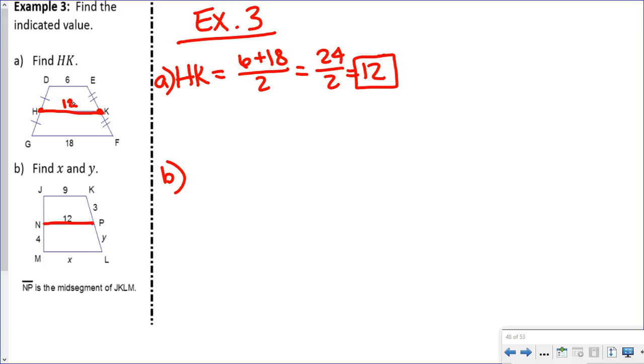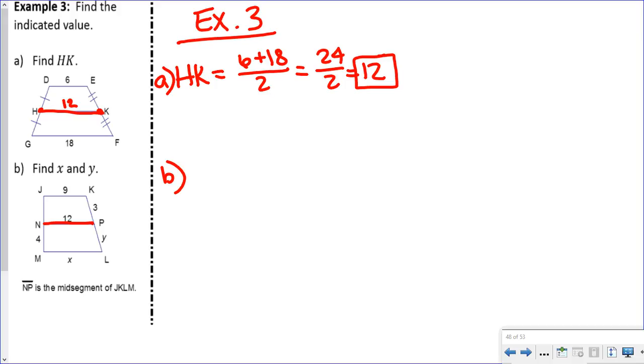So 12 plus 6 to get 18. That will always happen because you're finding the average. So that's going to help here when they give you the mid-segment, but you're missing one of the bases.